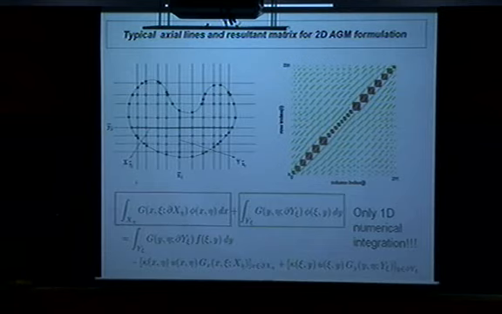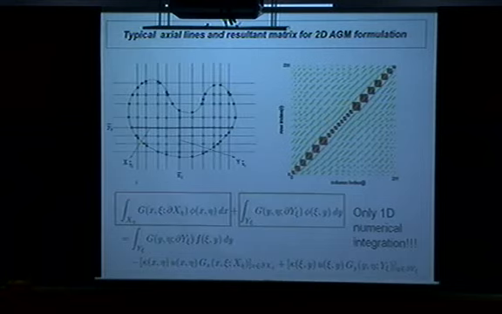So the typical axial lines: if you consider this kind of domain with some elliptic problem defined in this region, and the boundaries here, we put the boundary formulation. Then the x-axial lines and y-axial lines can be made easily.